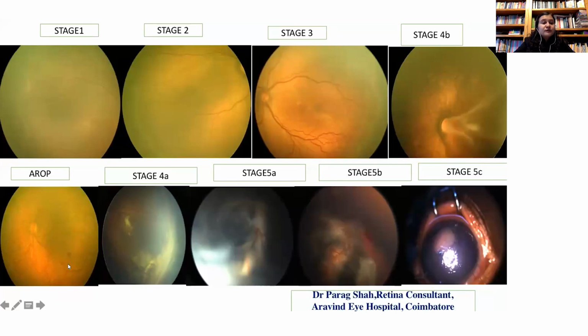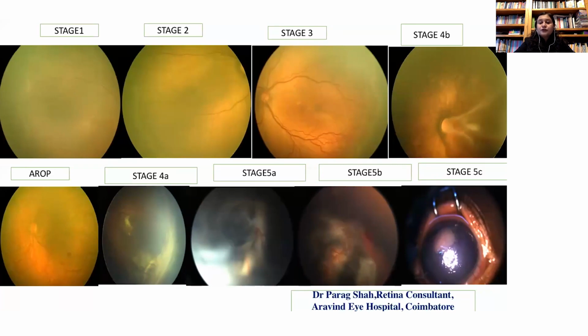And this picture is of stage 5A, where there is an open funnel RD, and stage 5B, which is a closed funnel RD, and stage 5C, where along with retinal detachment there is shallowing of the anterior chamber and involvement of the anterior segment.